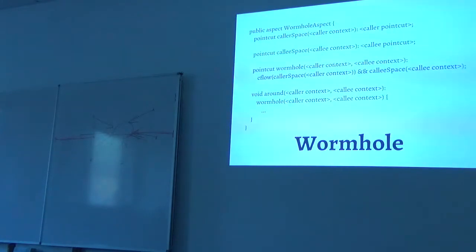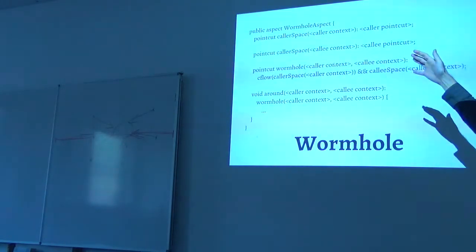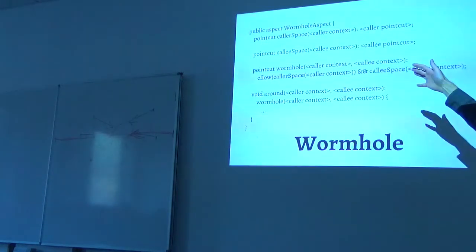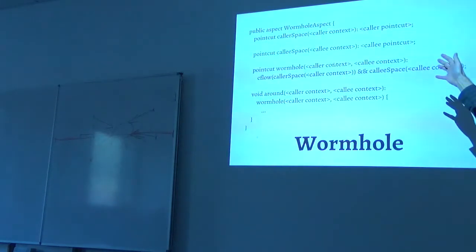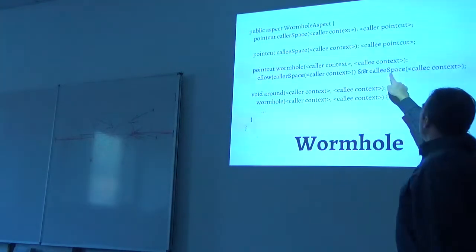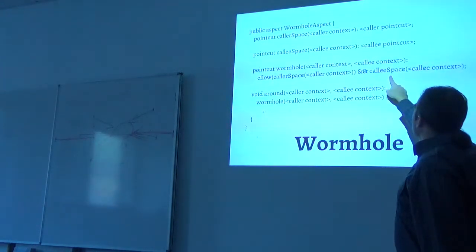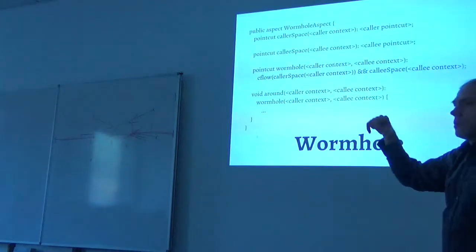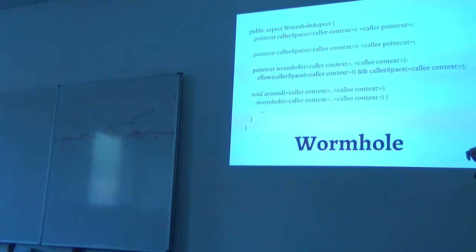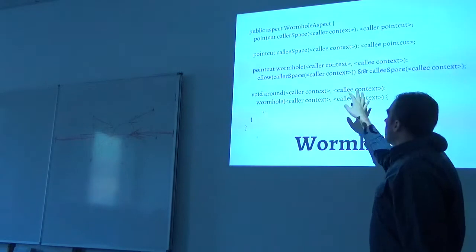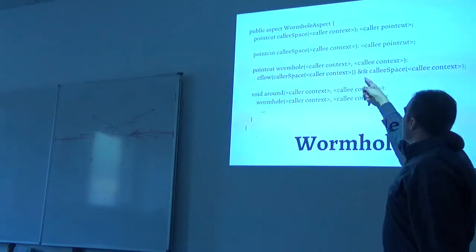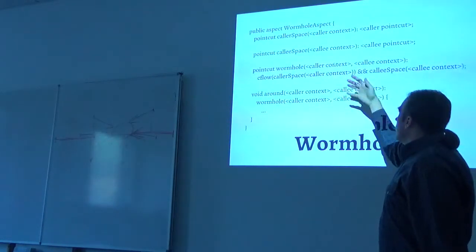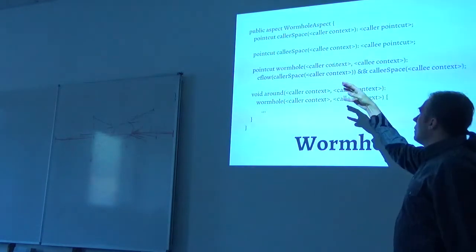So what did we do? We created a caller space, represented by point cuts, and then captured the callee space within the control flow of the caller space. So this is something that you might do as an intersection like this, or try to put this all in one point cut.